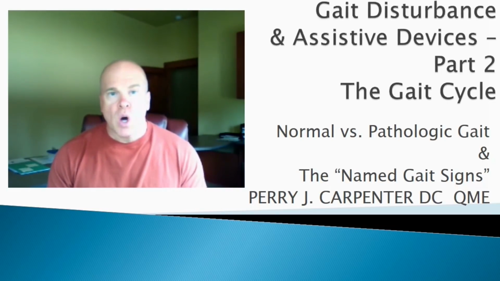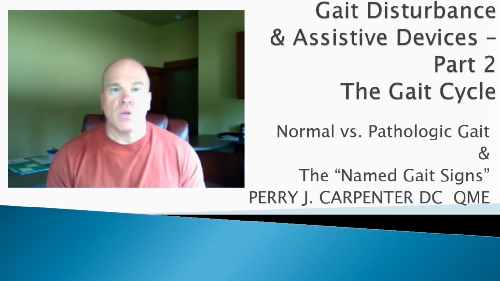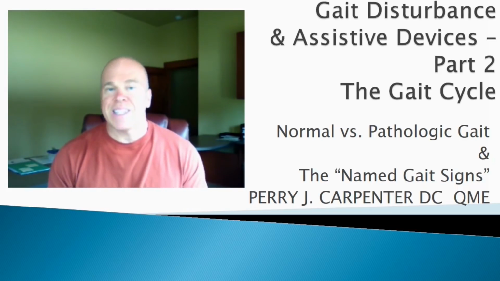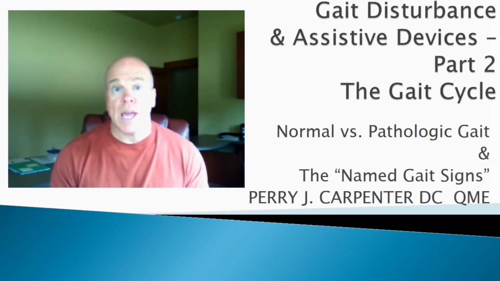On this week's video, we're exploring part 2 of our 4-part series related to gait disturbance and assistive devices. Today I want to talk to you about the gait cycle and what constitutes normal gait. Then, once we have a good understanding of normal gait, I want to consider some examples of pathologic or abnormal gait.